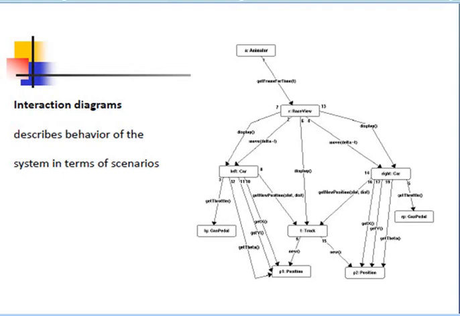It describes the behavior of the system in terms of scenarios. Different scenarios are given with each process, and behavior from one process to another process is shown with data flow diagrams.